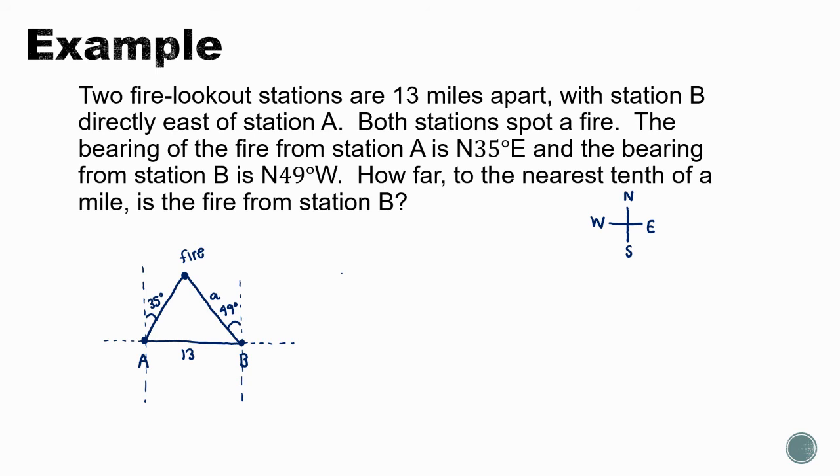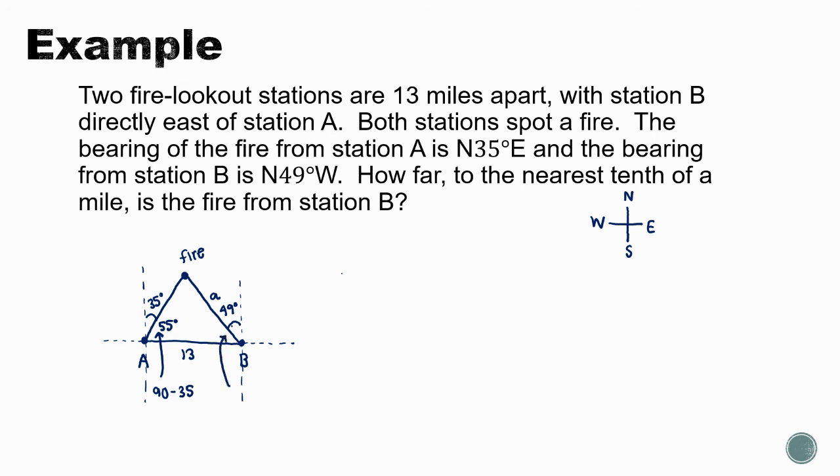In this problem, I have one side given in the triangle, and notice that I have no angles inside the triangle. But because I have that 35-degree angle, I technically know what angle A of that triangle is, because those two are complementary. If I subtract 90 minus 35, that gets me my angle. So this is a 55-degree angle.